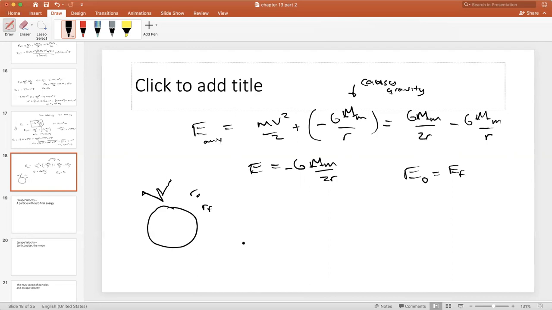That's a little bit weird because what's going to happen here is that it's basically going to say that GMm over 2r initial has to be equal to GMm over 2r final. So that doesn't appear to make sense.